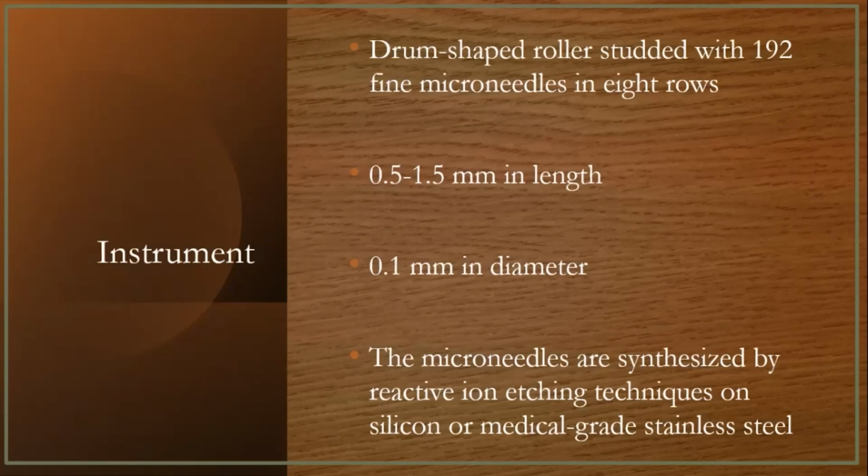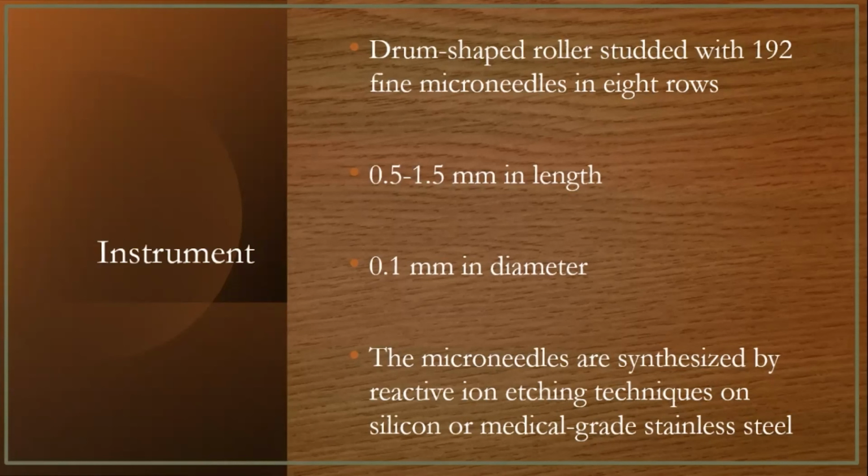Yes, what is microneedling? We have a variety of instruments available for microneedling. The initial primitive microneedling was started with a roller. It was a roller having 192 fine microneedles in 8 rows, ranging in depth from 0.5 to 1.5 millimeter.